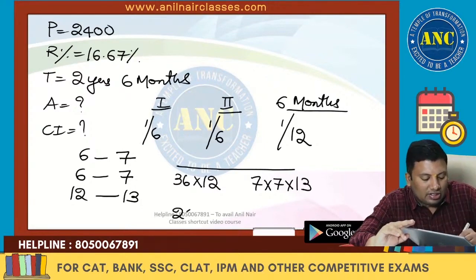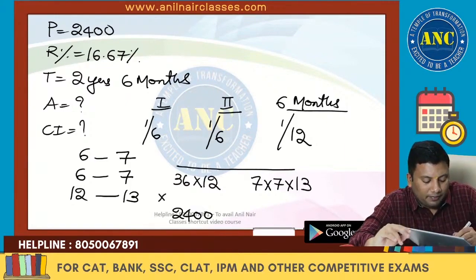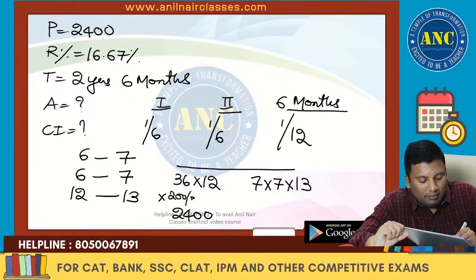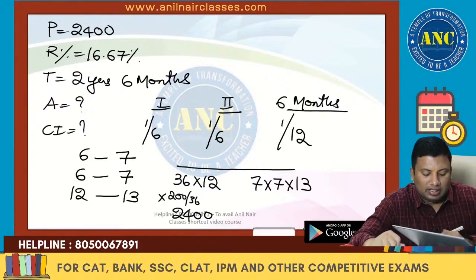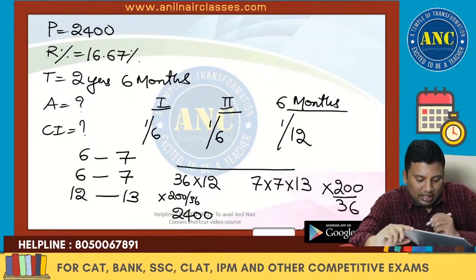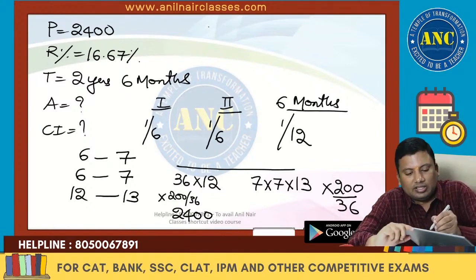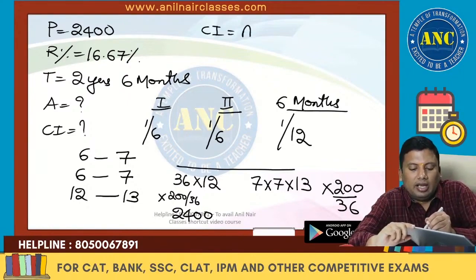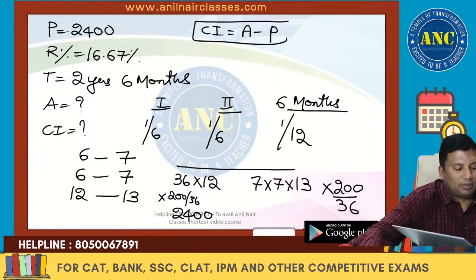So here it is 2400 into 7 into 7 into 13 divided by 36 into 12, which is 200 by 36. CI is nothing but amount minus principal.